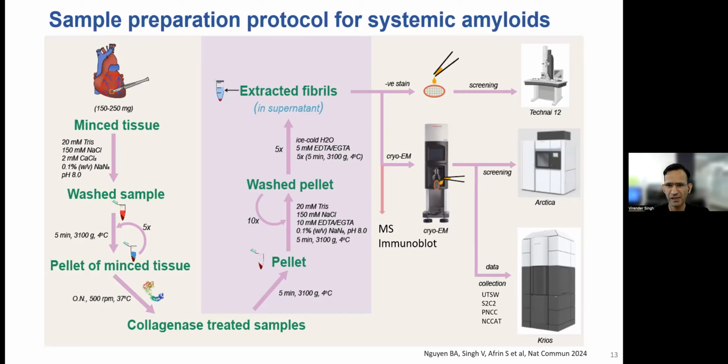We mostly follow a water-based extraction protocol, which involves mixing the homogenized or minced tissue, washing it with water or a tris-based buffer multiple times, and treating it with collagenase, which enables the loosening up of the amyloids that are trapped in collagen in heart tissue. After multiple washes with tris buffer, we extract with ice cold water supplemented with EDTA or EGTA.